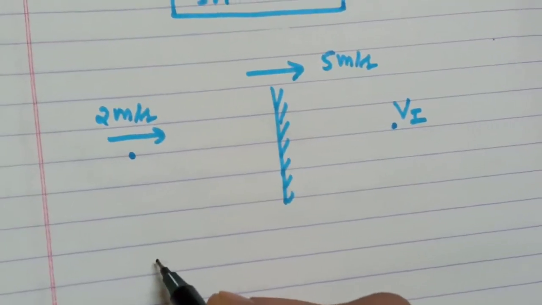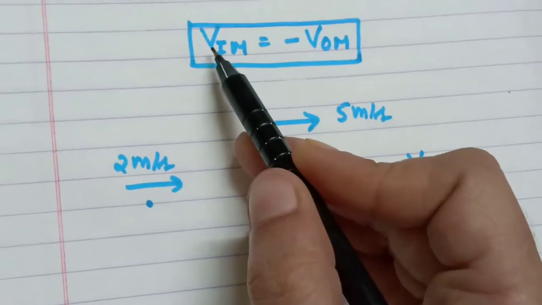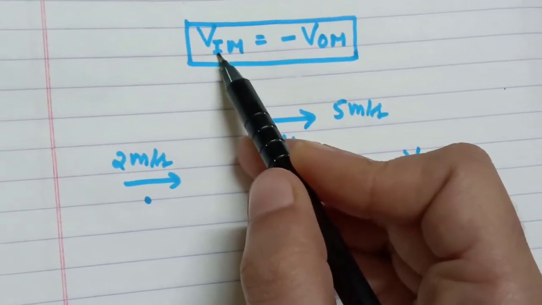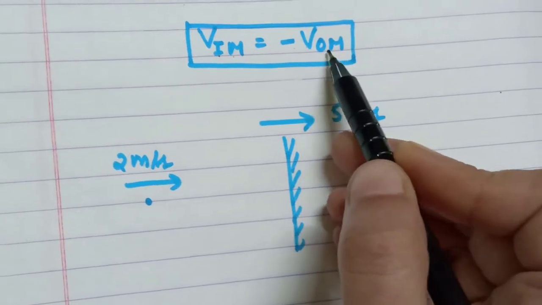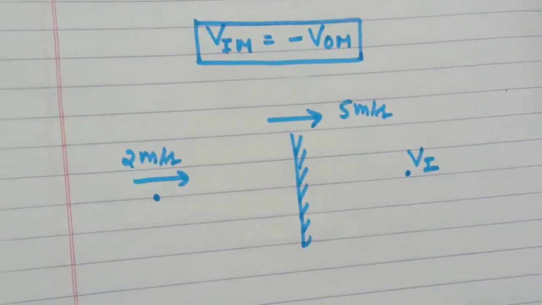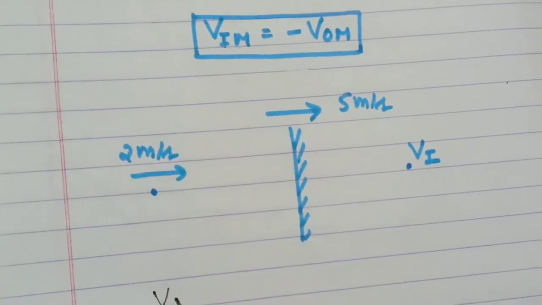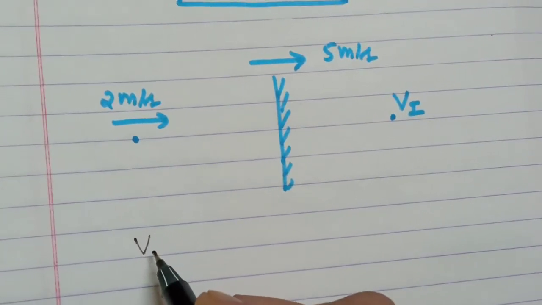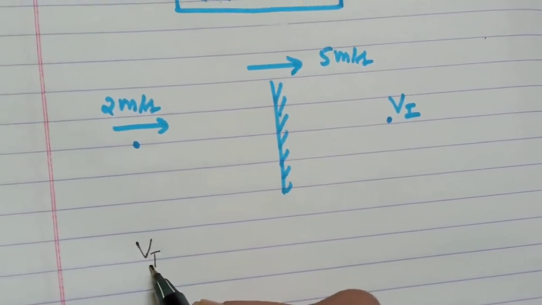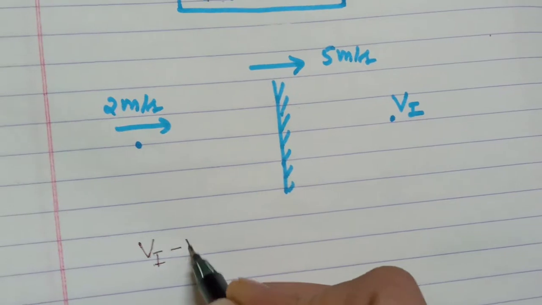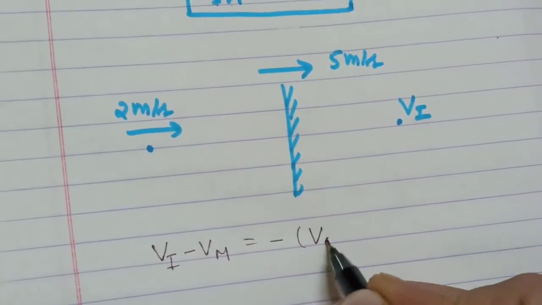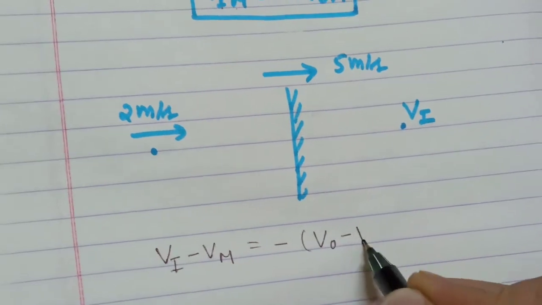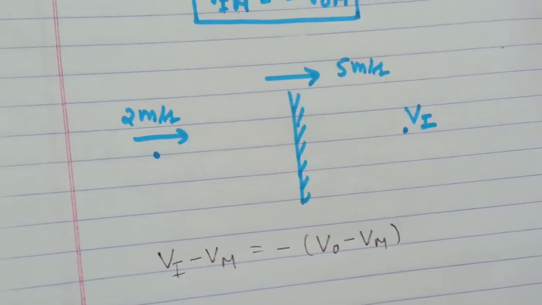The formula is V_image with respect to mirror is equal to minus V_object with respect to mirror, so we can write velocity of image minus velocity of mirror is equal to minus velocity of object minus velocity of mirror.